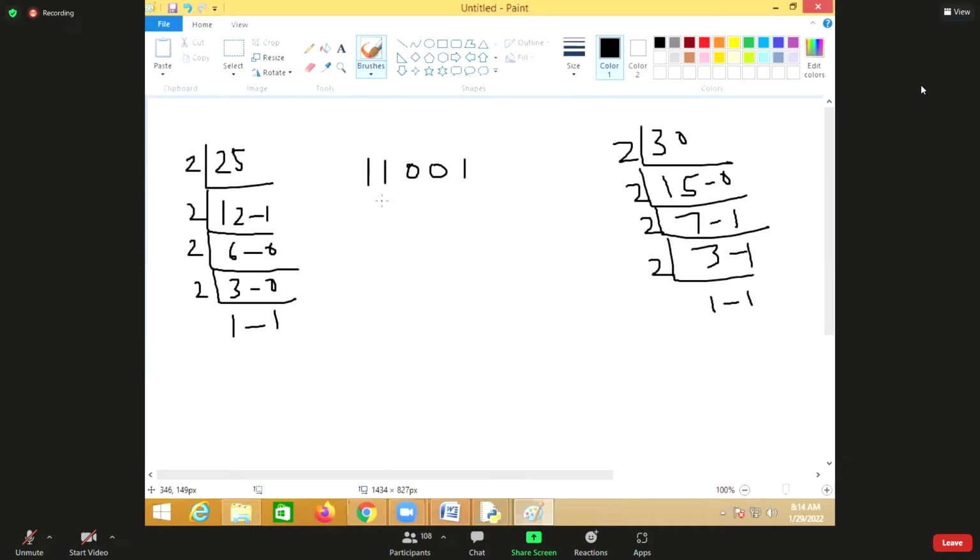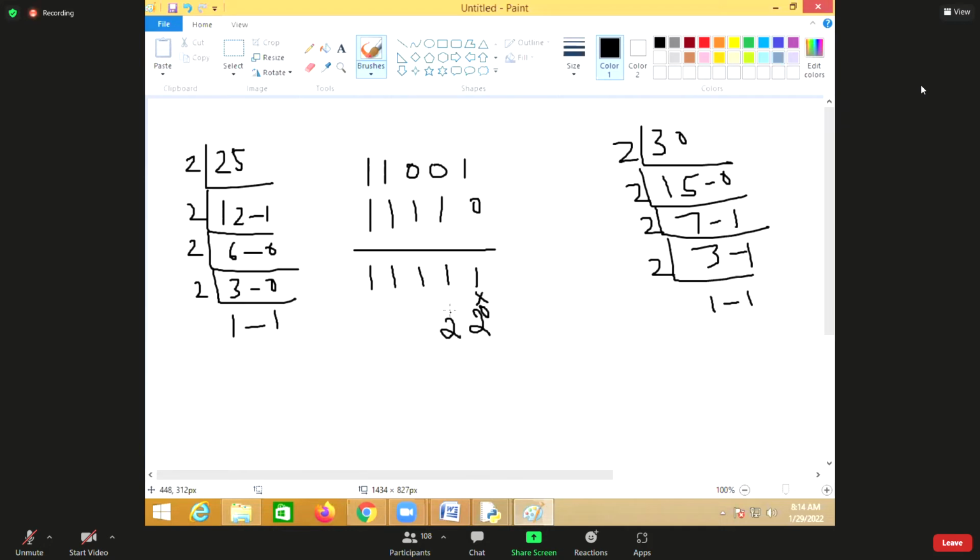Okay, now it is 4 ones and a 0. So 4 ones, and one more is what here? 0. So 1 0 is 1, 0 1 is 1, 0 1 is 1, 1 1 is also 1, 1 1 is also 1. So convert this into decimal.